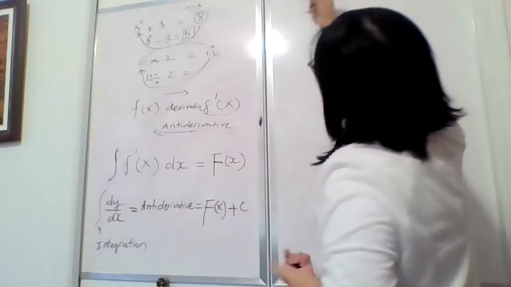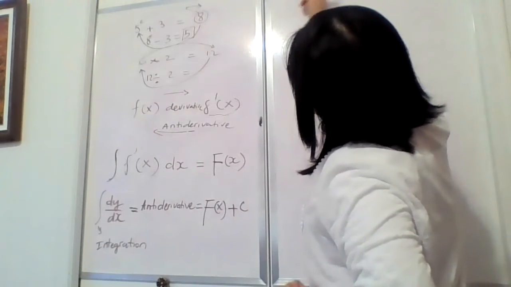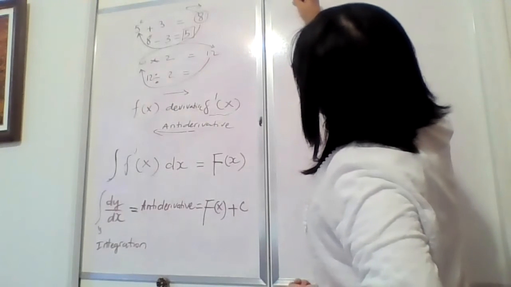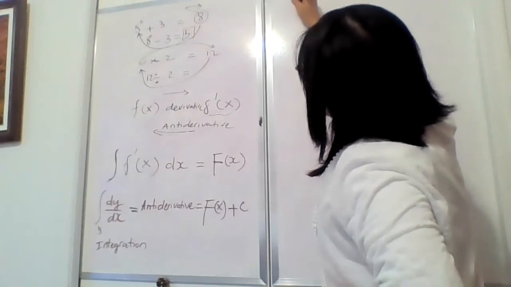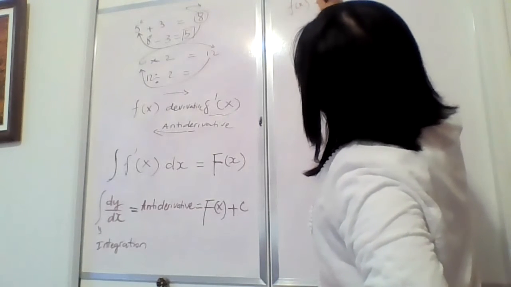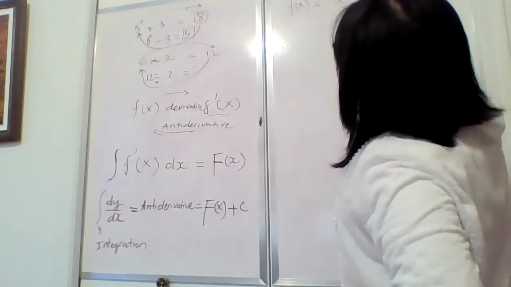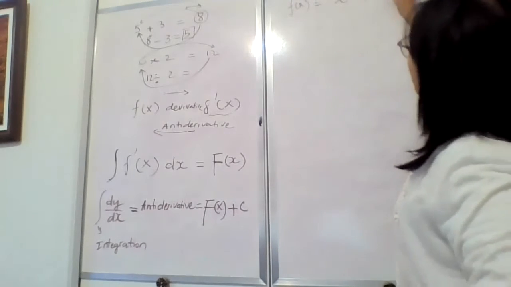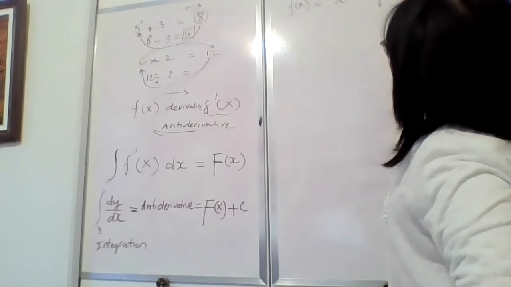So let's say you have a function f of x equal x squared. So when you take the derivative of this function, right? Let's say we go forward like before to make it easy for you to understand.